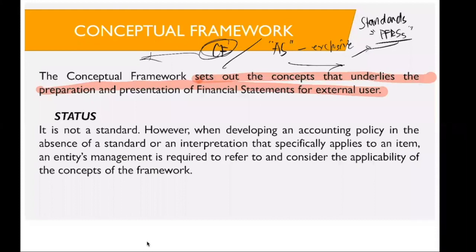So it provides all the necessary concepts for you to create accounting standards. And take note, when we talk about accounting standards, we dwell on measurement, recognition, preparation, and presentation. So your accounting standards are guided by your conceptual framework.